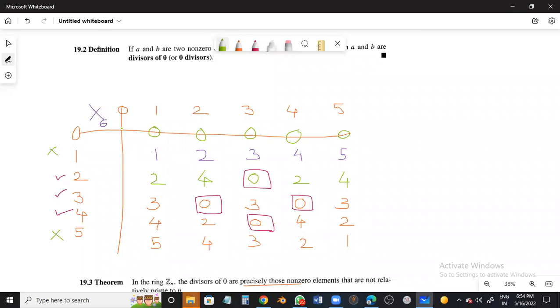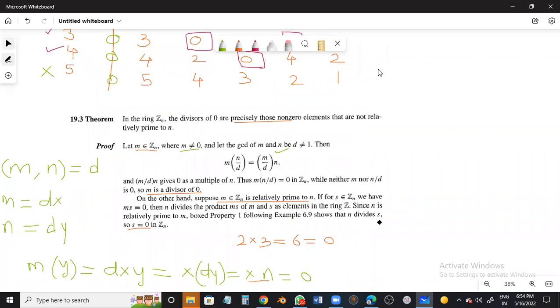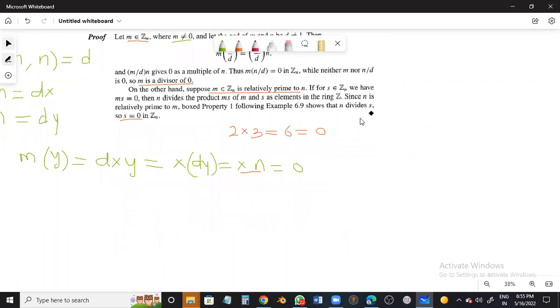Here also you can watch 0, 0, 0, 0, 0 and a 0. So 0 into 5 is 0. Nothing else is 0 here. So whenever my element is relatively prime to n, the answer will be 0 only if I multiply to 0. Otherwise it cannot be 0. Followed the proof?